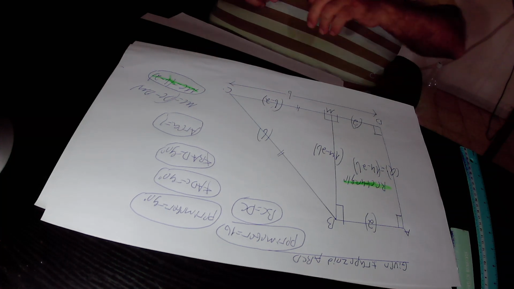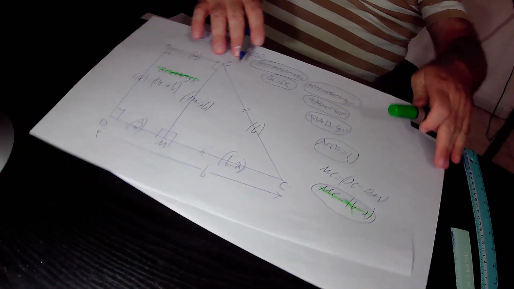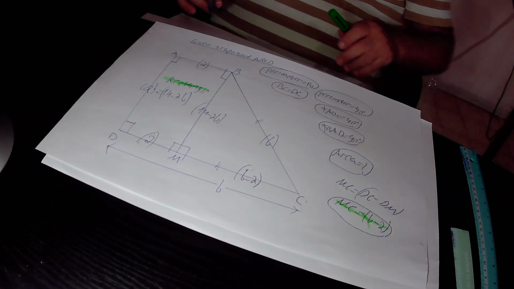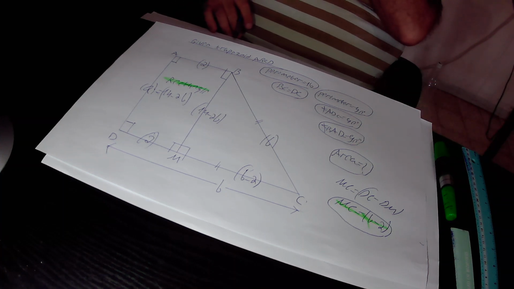So in the next step, I'll copy this right triangle BMC in a new page, and we will implement the Pythagoras theorem on this right triangle BMC.